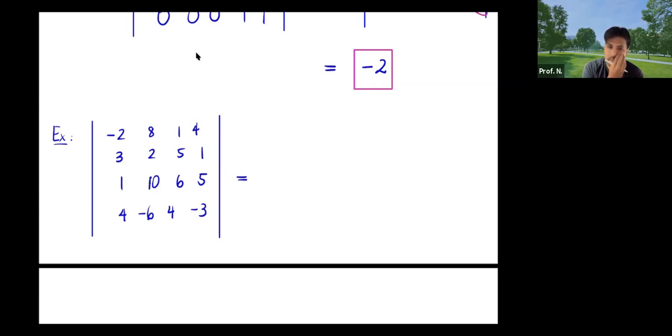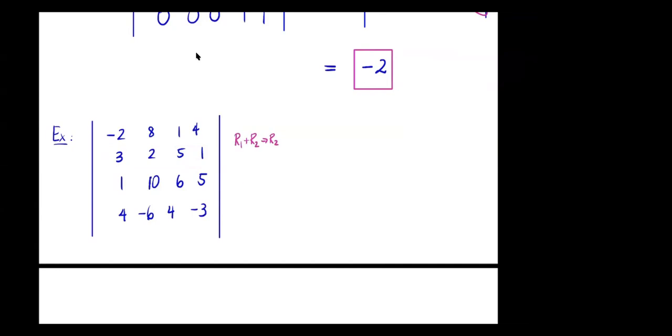What happens, guys, if I add row 1, row 3, pardon me, doesn't even matter. Row 1 plus row 2 into row 2. What happened? Get row 3.